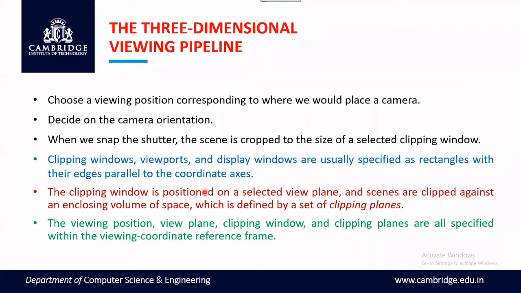Here, the clipping window is set as a volume of space. It is no more 2D. Earlier, when we did the clipping window, it was only the x-axis and the y-axis. Now you also have the z-axis. It is a volume that we are going to consider.